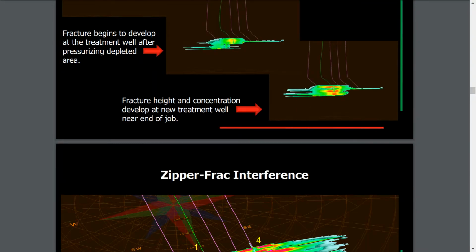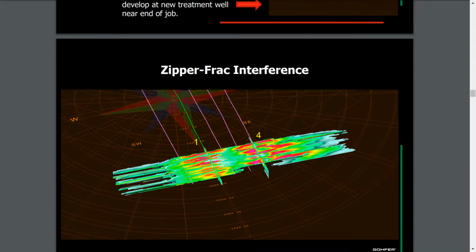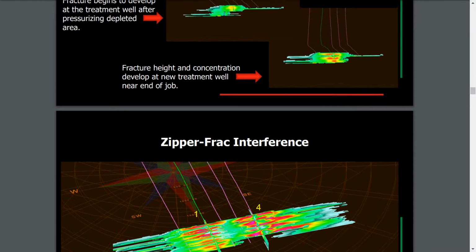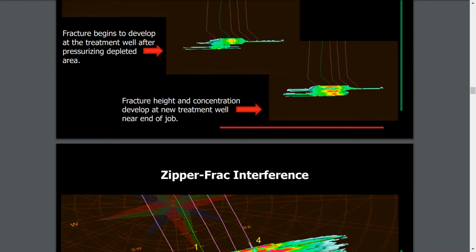Noticing here, again, this is probably a better example. Again, the color is the width. Notice how the fracture geometry is not constant, there is no constant fracture height. Why?